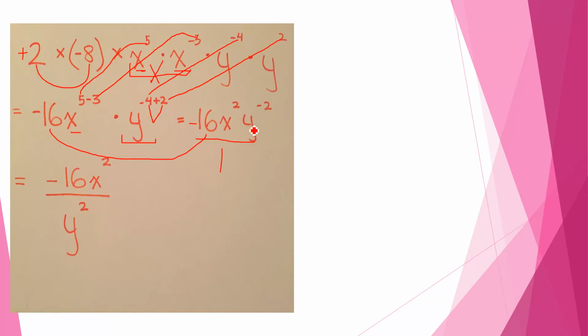We take y exponent minus 2 into the denominator. So it will be minus 16 x square. Just bring this y exponent minus 2 into the denominator. Automatically its sign will change. Now it is y square with the positive sign. So this is our answer, and this is the law of exponents as well: minus 16 x square divided by y square.